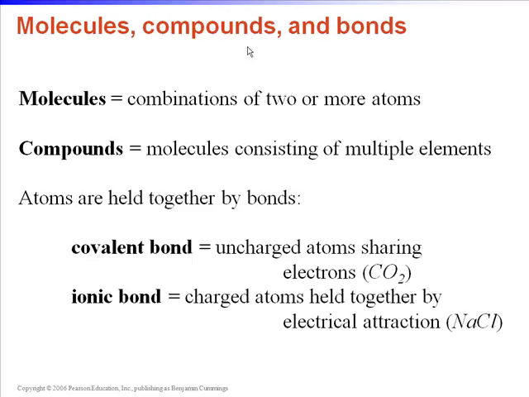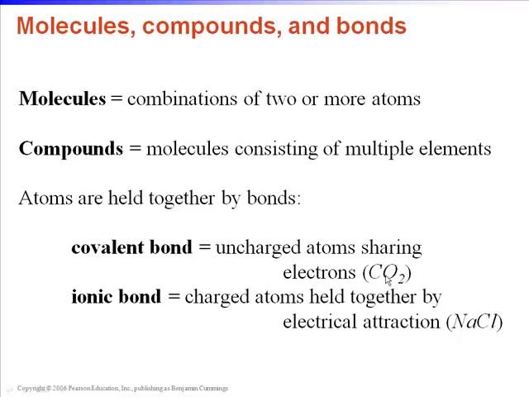Compounds are molecules consisting of multiple elements. Atoms are held together by these different bonds, right? So here are a couple examples of compounds. Down below here, covalent bond. We won't distinguish right now between covalent and ionic bonds, but there are two different main types of bonds here. Carbon dioxide, right?